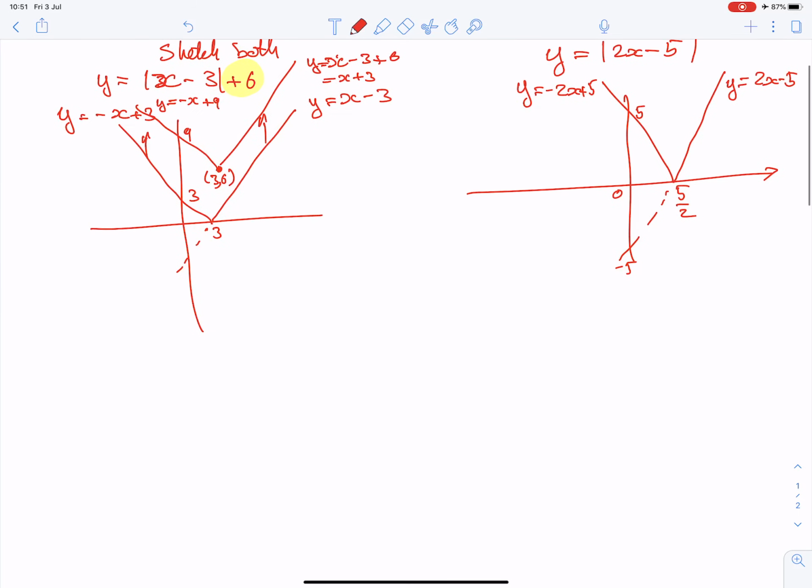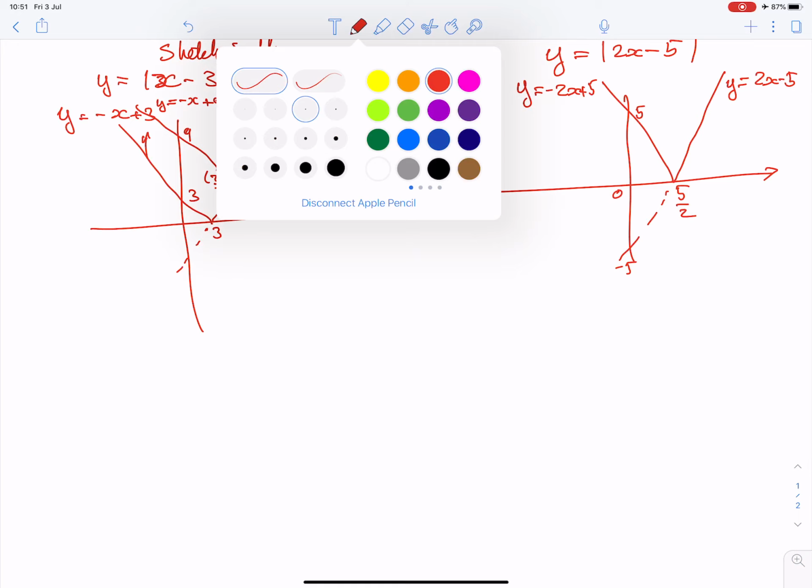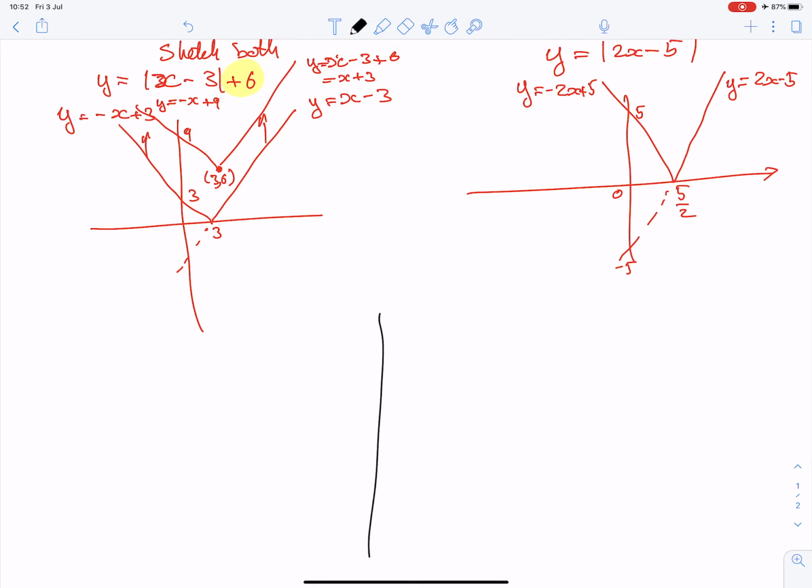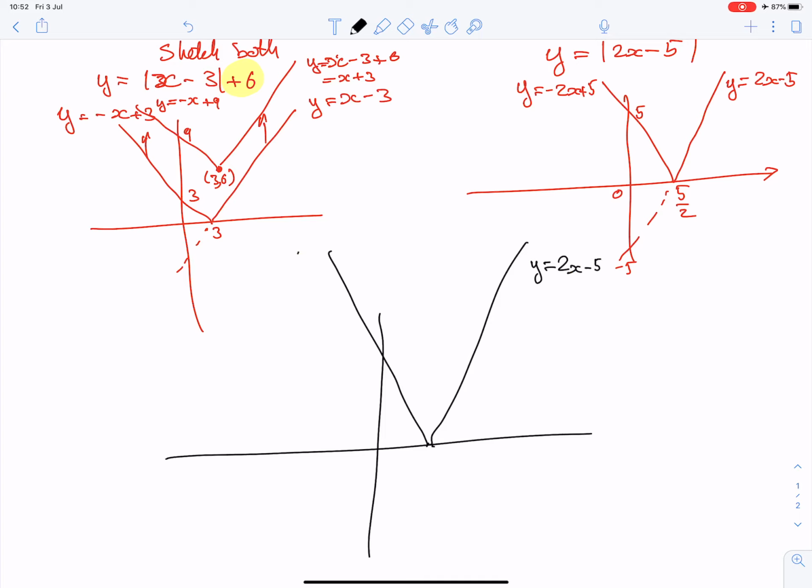Now, if we combine those two onto one graph, we can begin to see what's happening. We've got these which are fairly steep because it's gradient 2, so y equals 2x minus 5, y equals minus 2x plus 5.